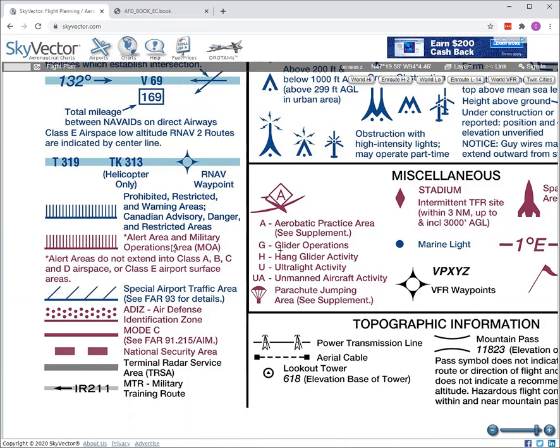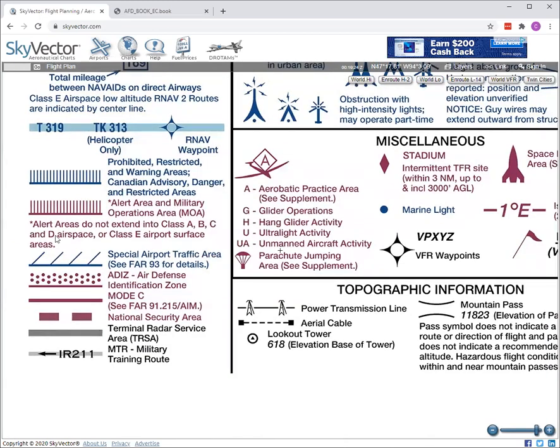You can find out the active times by calling up the controlling agency for that particular MOA and seeing if it's active or not. And even if it has posted active times, it's good to still check just to make sure that they haven't scheduled anything outside of those active times. And again, we'll look at all these in a second.